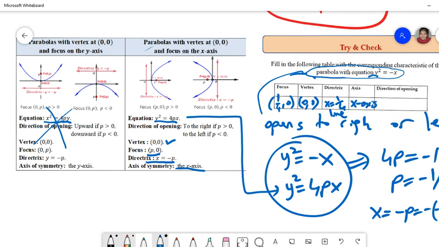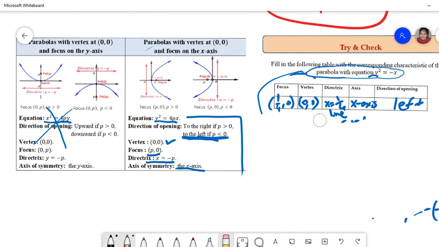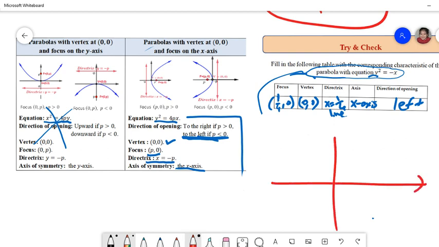And for the direction of opening, we got p is less than 0, which means it opens to the left. So when you try to graph this one, it doesn't say graph it, but if you want to draw the line and the parabola using this information, it will be easier this way. It will open to the left. The vertex is (0, 0) here.